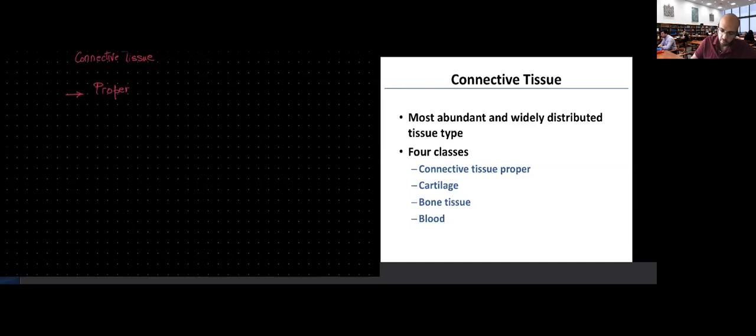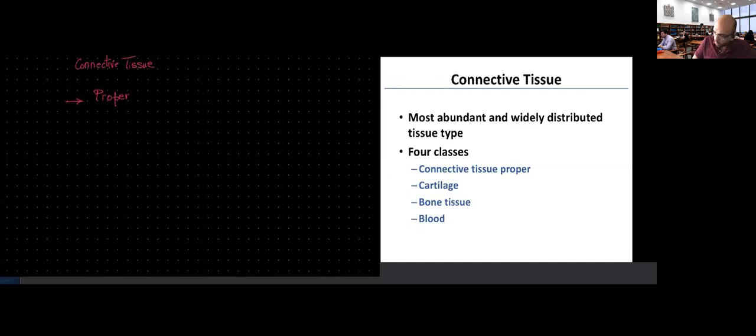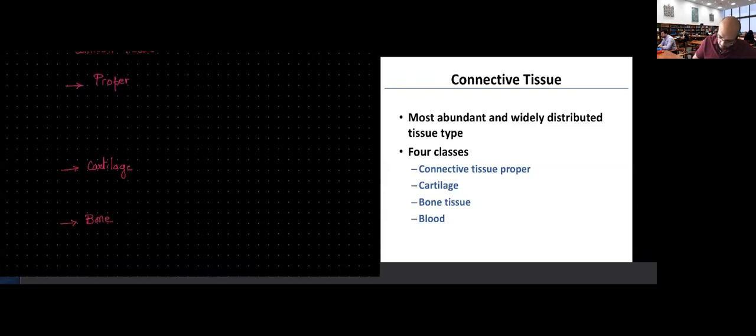We have 4 subtypes of connective tissues. We have the connective tissue proper, cartilage, bone, and blood.